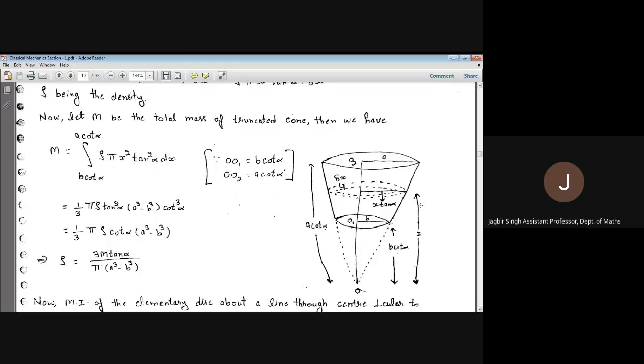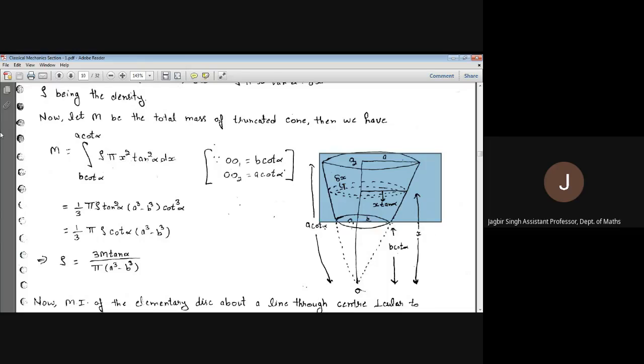Now assume there is some disk at a height x, so the radius of that disk will be x tan alpha. Using the example of the disk, we can obtain the moment of inertia of this disk, and after that we will integrate it from b cot alpha to a cot alpha, because we have to find the moment of inertia of this portion only. This portion starts from b cot alpha and ends at a cot alpha.